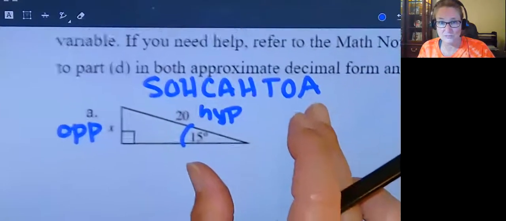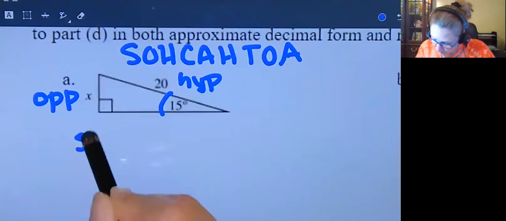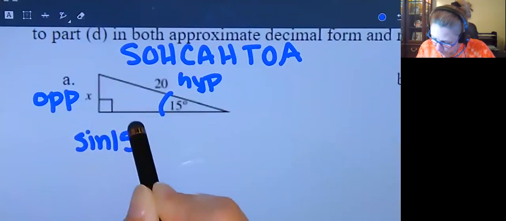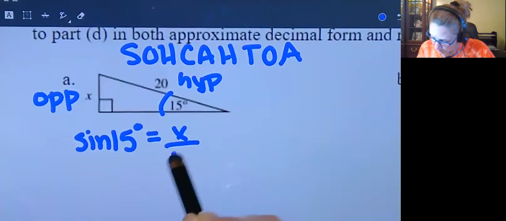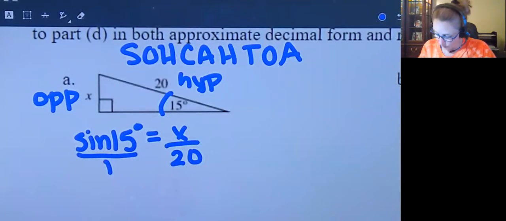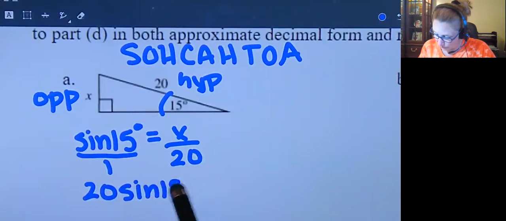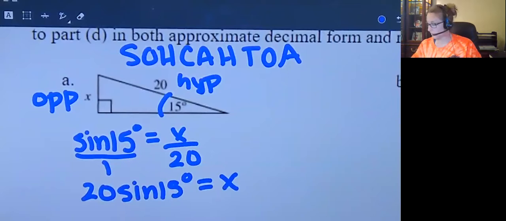So let me kind of get a little more space here. So this is going to be sine of 15 degrees equals opposite, which is x, over hypotenuse, which is 20. If I was to put this over 1 and cross multiply, I'm going to get 20 times sine of 15 degrees equals x. And now I'm going to put this in my calculator, but you want to make sure your calculator is in degrees, not radians.